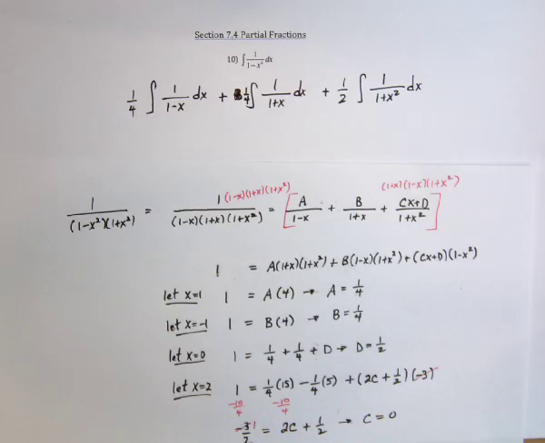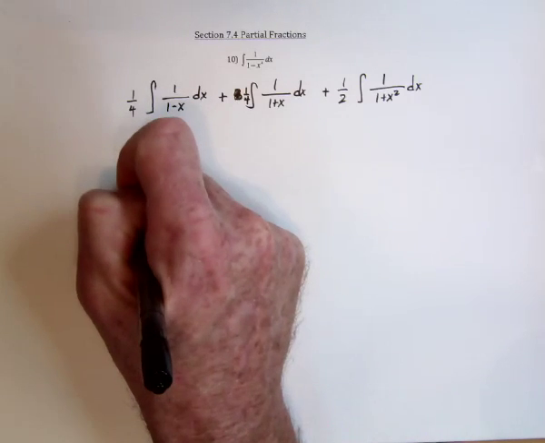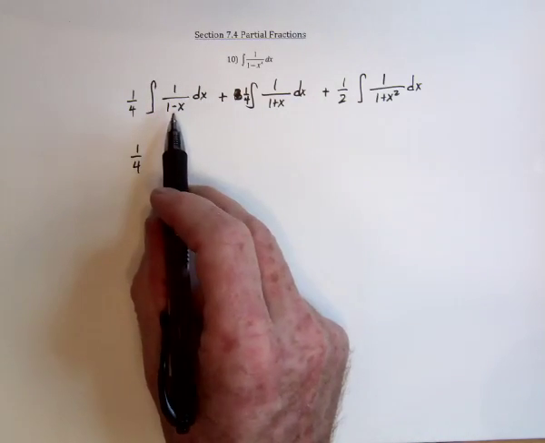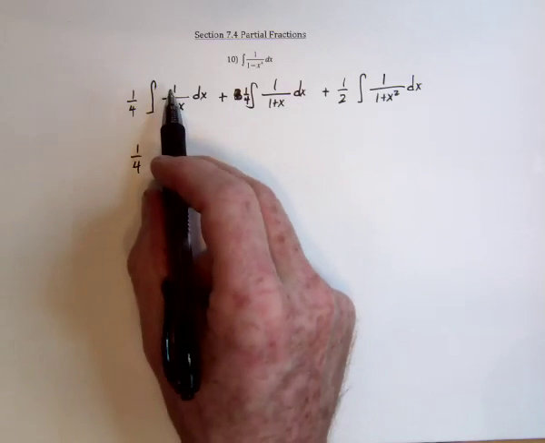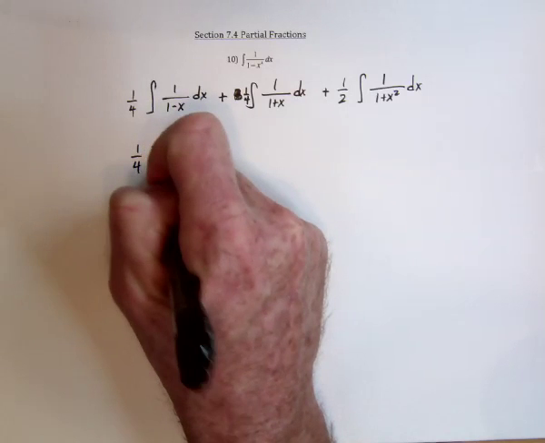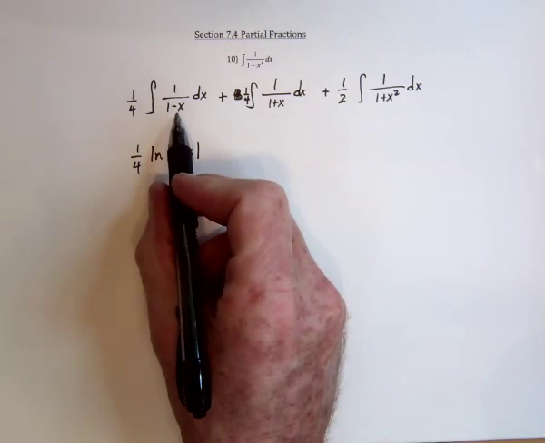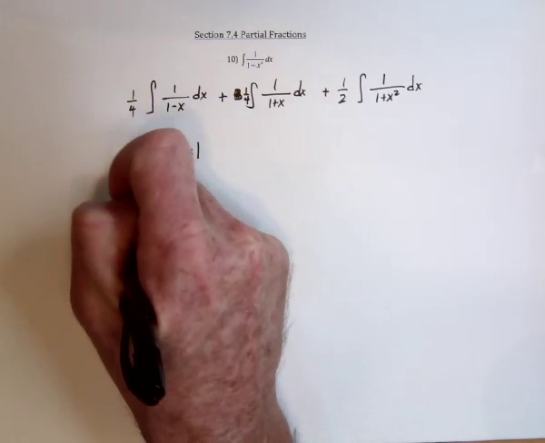All right, and after all of that algebra, we're ready to do the calculus. So over here it's going to be 1/4. If you use u substitution, we would have negative du over u, or you can just look at that and say, oh, that's natural log of 1 minus x, but the derivative of the inside is -1, so we need to divide by -1.